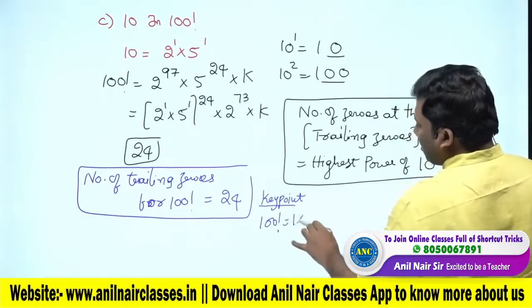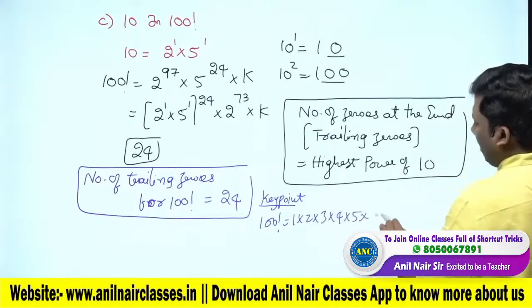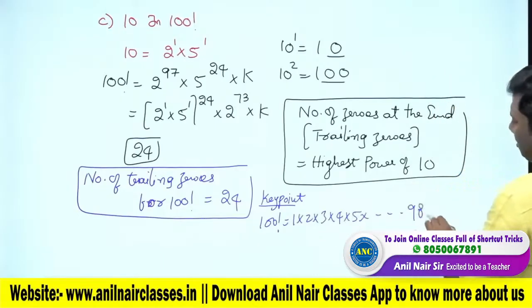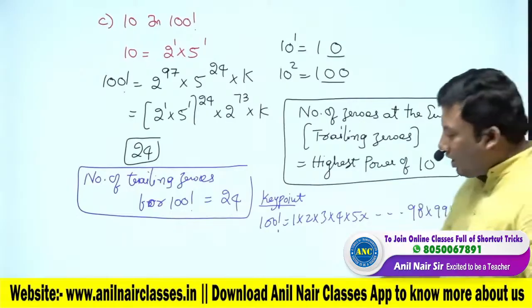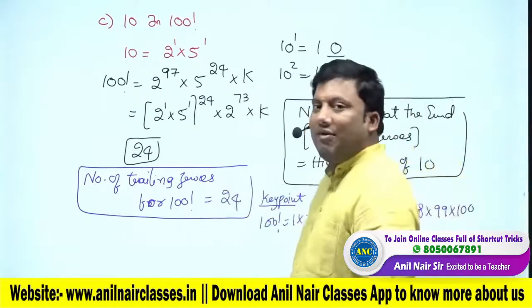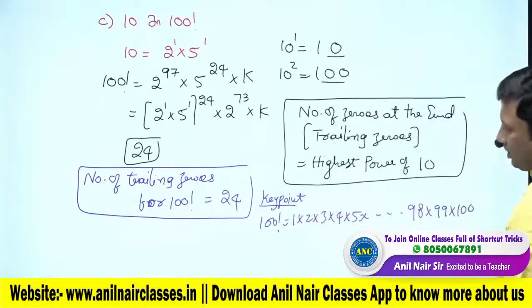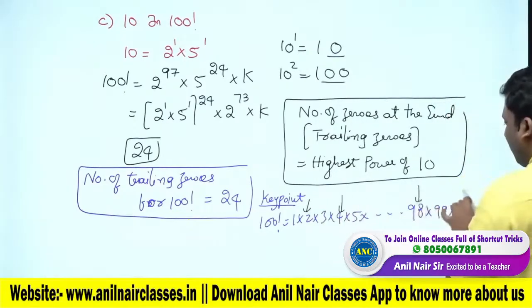It is written as 1 into 2 into 3 into 4 into 5 and so on up to 98 into 99 into 100. The definition of factorial is the product of all natural numbers from 1 to 100. Now if you see, every second term is a multiple of 2.